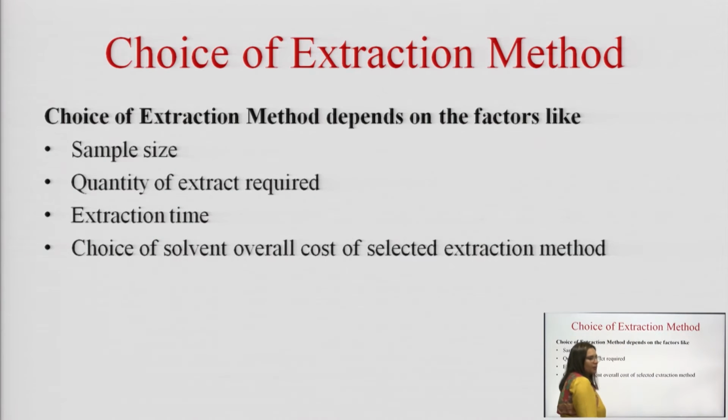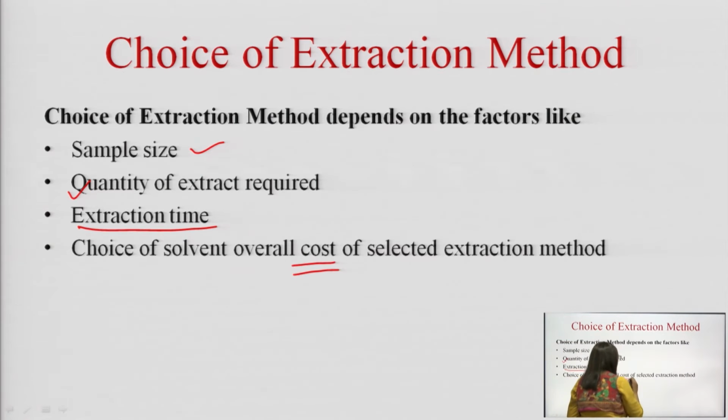Next topic of discussion is choice of extraction method. Extraction methods depend upon the sample size, quantity of the extract required and the extraction time required for the extraction of a particular phytoconstituent, as well as the cost has to be considered while choosing an extraction method.